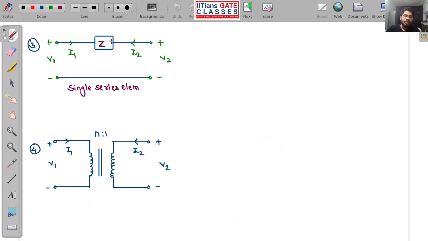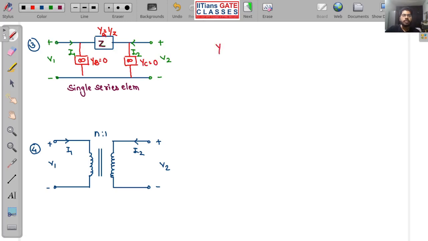So here you have Z. Now I can write it like this. Here impedance is infinite. Here also impedance is infinite. That is why these are my open circuit. Open circuit means impedance is infinite. So what about admittance? Admittance here will be 1 by Z, or I can write it as YA. This YB is 1 by infinite, which will be 0, and this YC is also 0. 1 by infinite is 0.